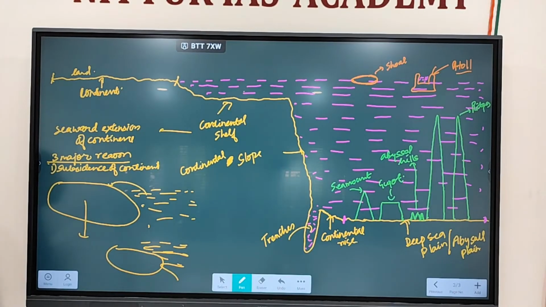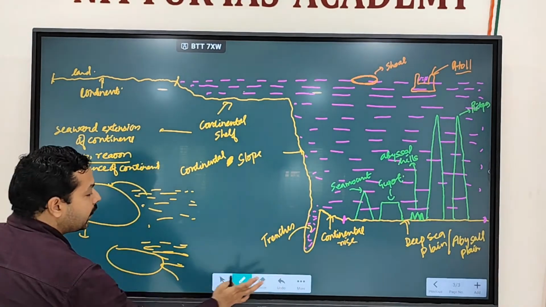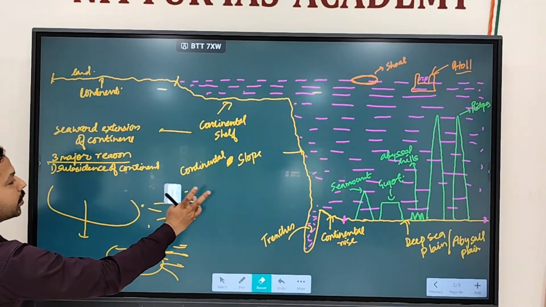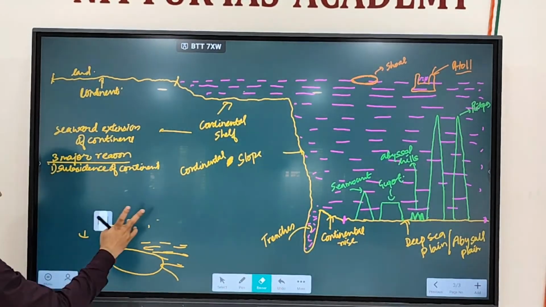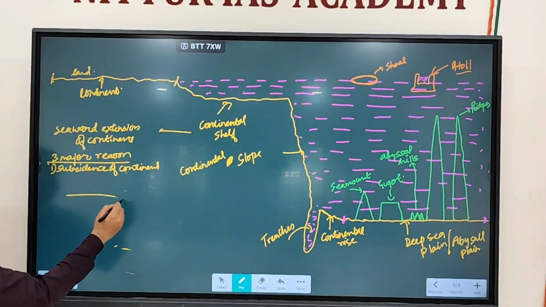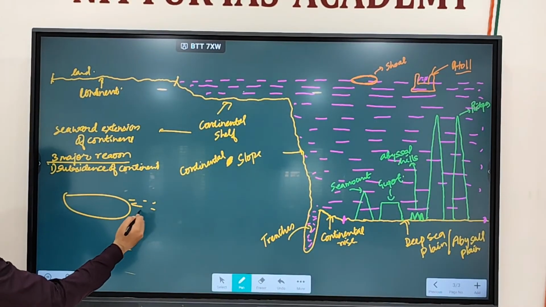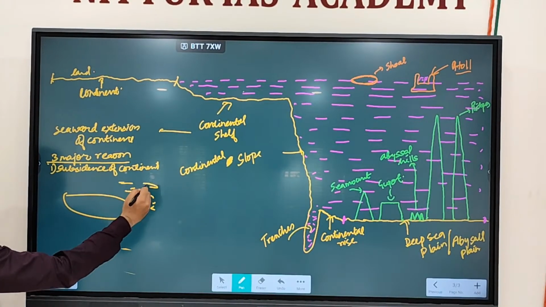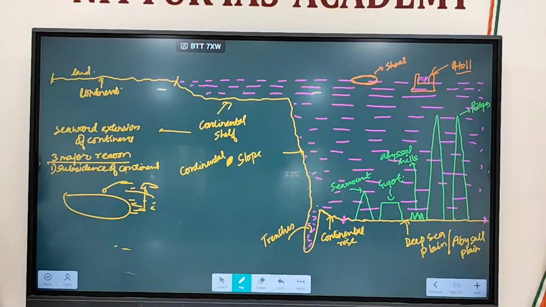Second thing, nowadays we are seeing climate change happening. With climate change, the water level is rising, so ice is melting. When ice melts and the water level increases, the continent is not going down, but the water level itself is increasing. They will enter into the continent.